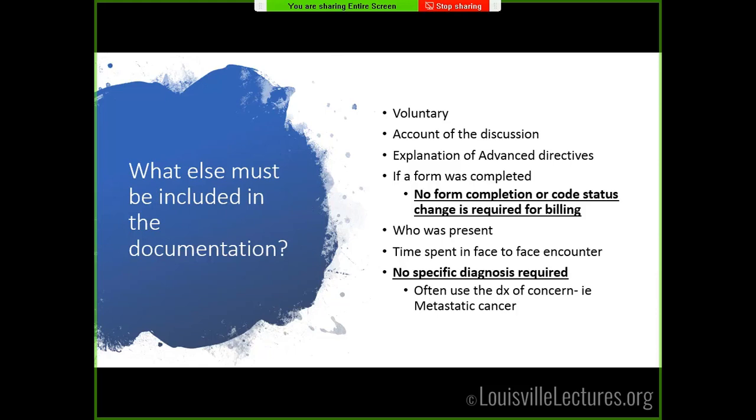And then there's no specific diagnosis that's required. So it's not like we can only bill for advanced care planning in dementia or metastatic cancer. Whatever the diagnosis is that we had this discussion about, that should be the diagnosis that we use for reference. So metastatic cancer would be an option.